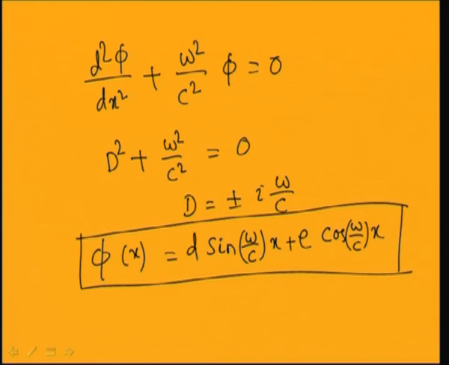So, we got the expression for phi x and also we got the expression for q t. So, I can write this u x t, the displacement of the string, as phi x into q t.